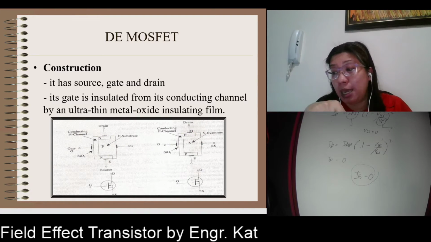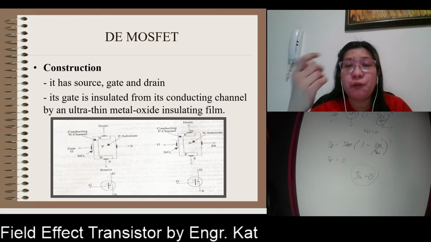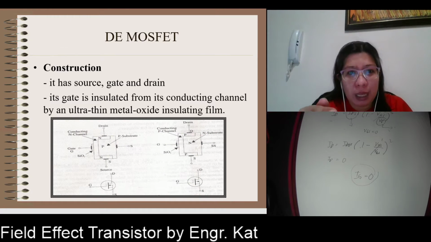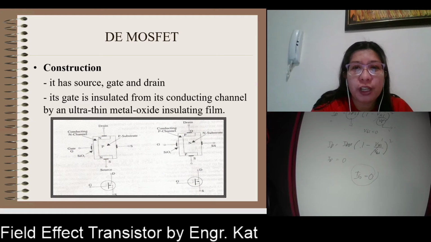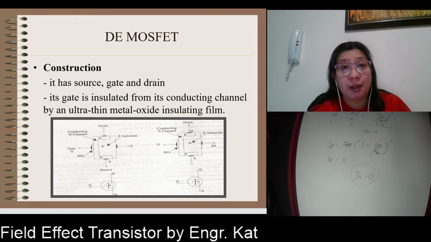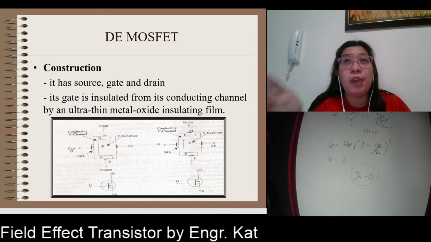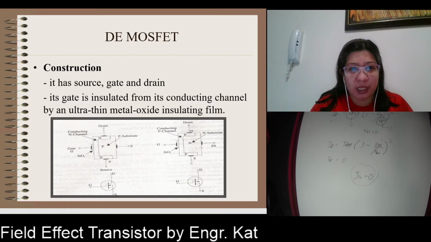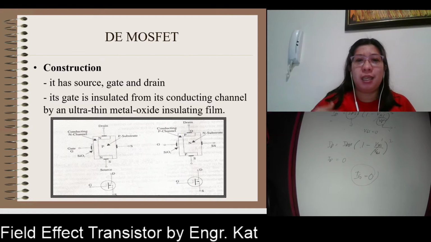That is why we can have your VGS forward bias, because even though we produce IG, we don't have a problem, since the gate is insulated. That means the current IG cannot penetrate to your channel. That's why it is okay for us to have a positive or a negative VGS, because the gate is insulated.